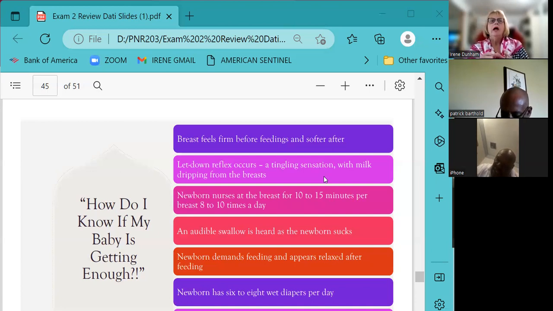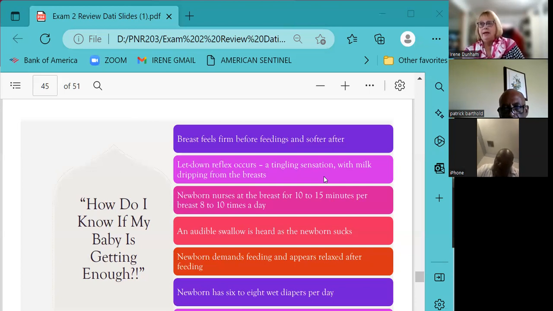Now, the breast will feel firm before feedings and softer afterwards. So how do I tell my patient if they're doing good breastfeeding? We'll feel the breast before feedings and feel them afterwards. Before, they're firm because they're full of milk, and then afterwards they'll be empty, and so it should be soft.